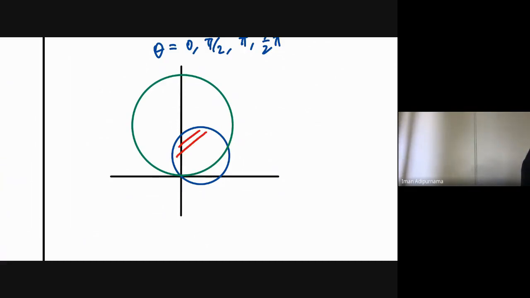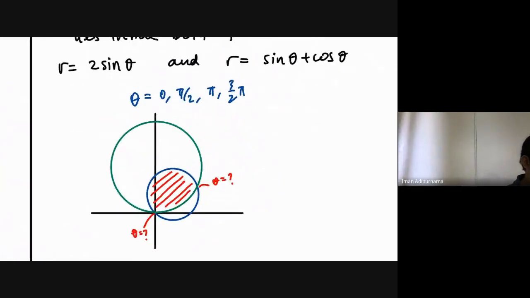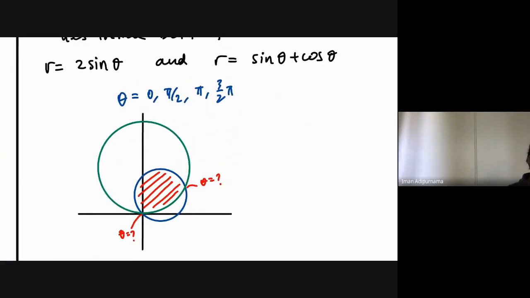Let me just make some marks here. Okay, that's the area. And now we need to find these intersections. Also this.